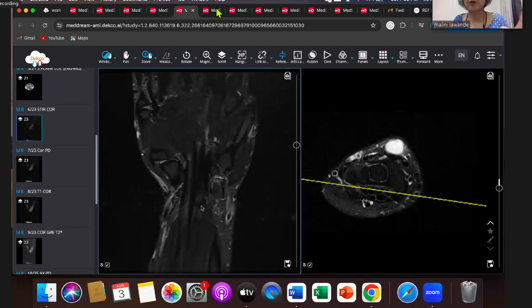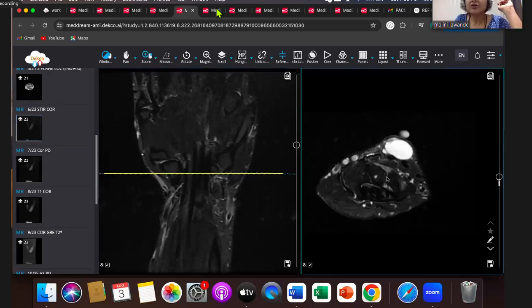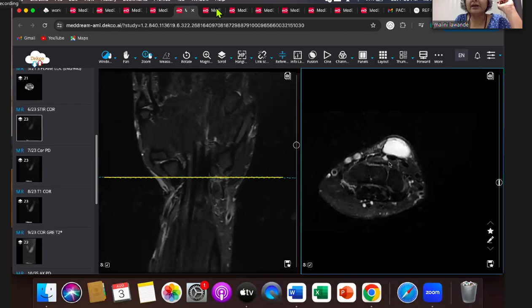So these are very common locations for wrist joint ganglia. Similarly, you have ganglia around the tendons, and ganglia joining the joints in the ankle. You can have ganglia in the ankle in the sinus tarsi. Sinus tarsi can degenerate. So this is a dorsal scapholunate interval ganglion.